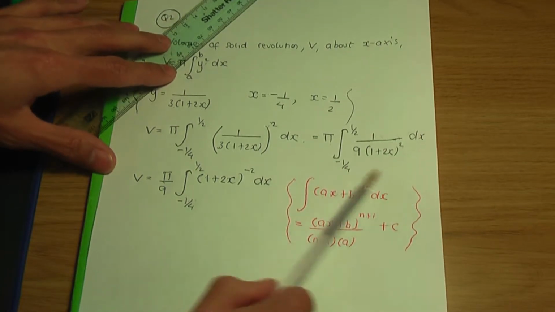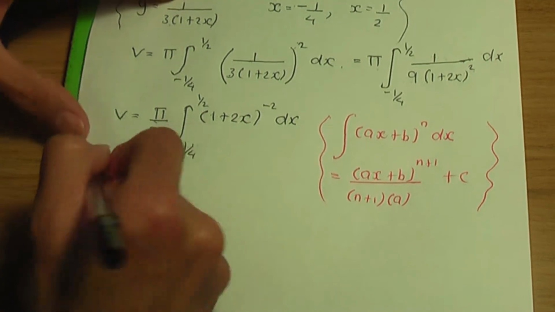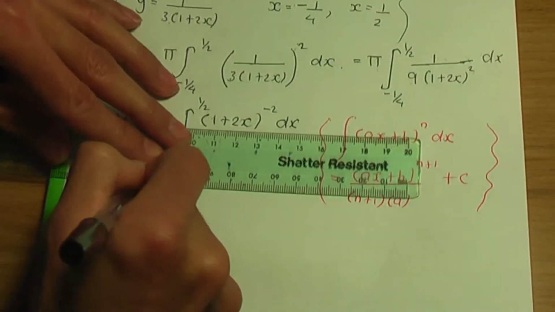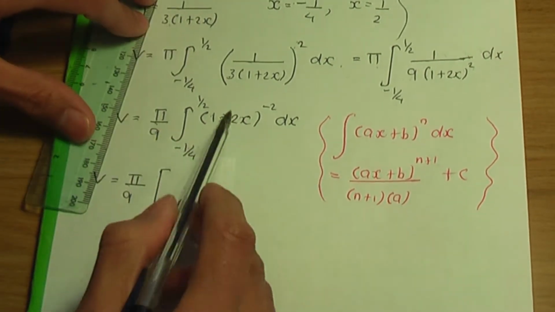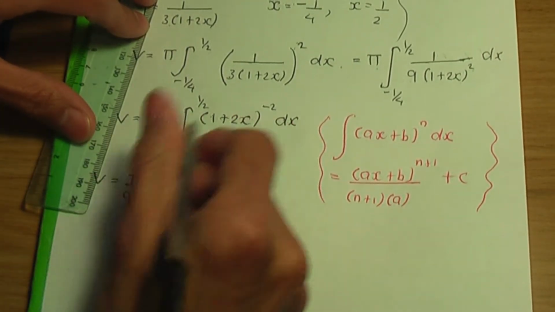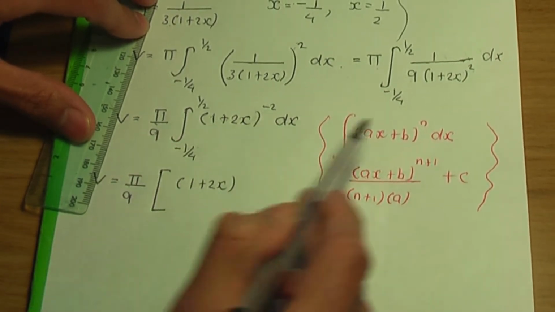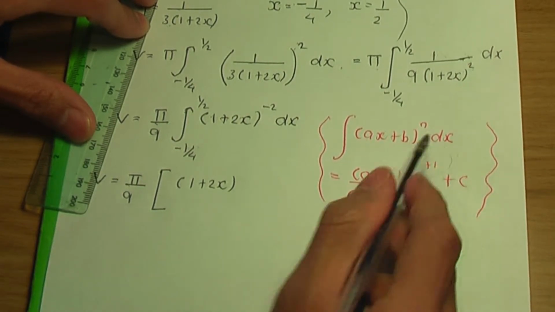So let's go through the approach with this integral here. So we have V, that is pi over 9. So let's keep that outside. And remember the approach. So we have 1 plus 2x. So that is of the form ax plus b. The idea is to add 1 to the power.